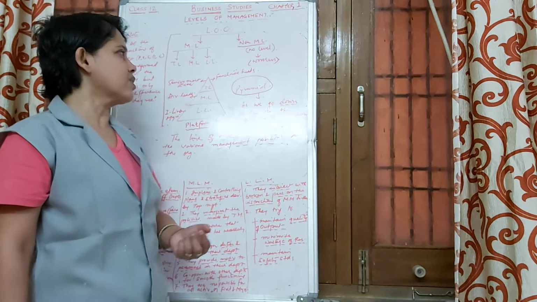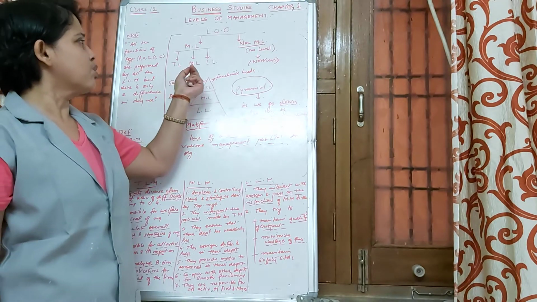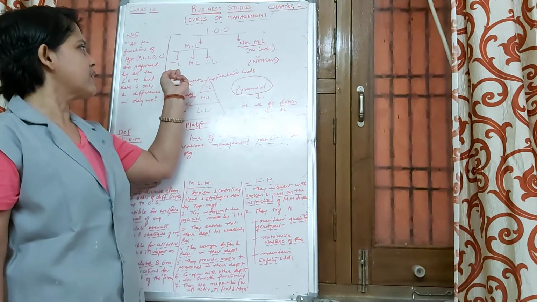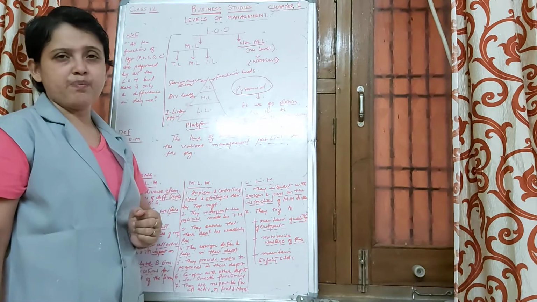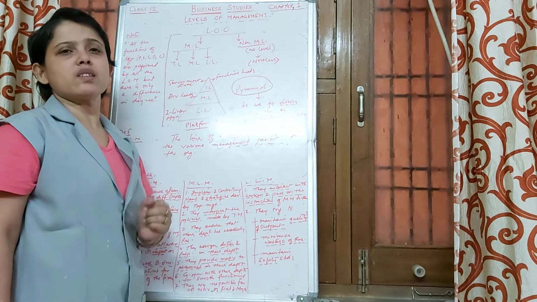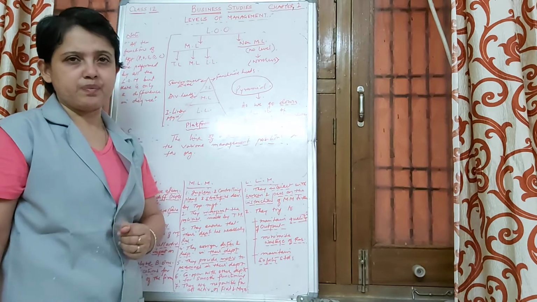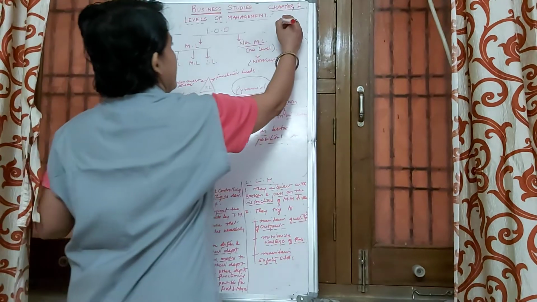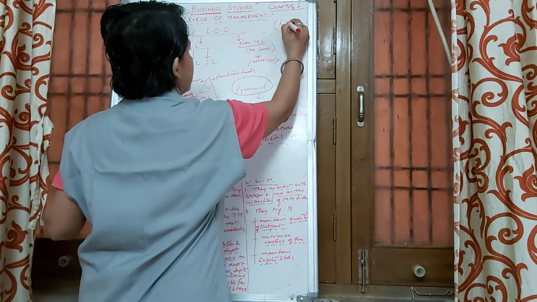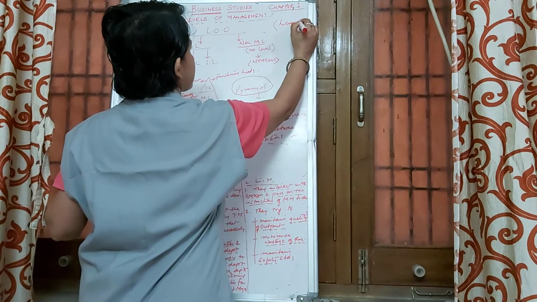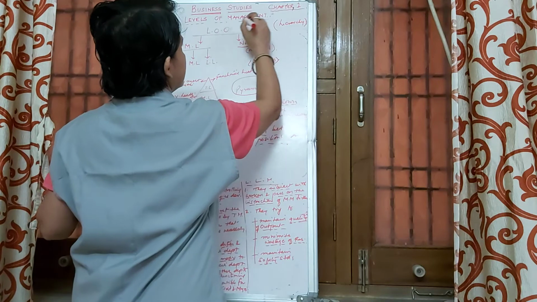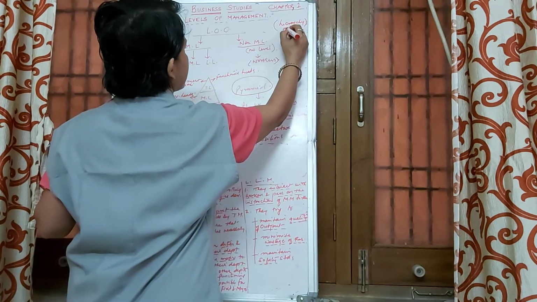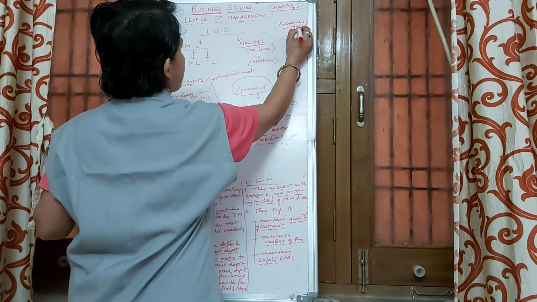Now, before letting you know in detail about the various levels of management, let us first of all understand what is levels. Levels may also be called hierarchy. I hope you understand what is hierarchy. Levels of management or hierarchy of management.